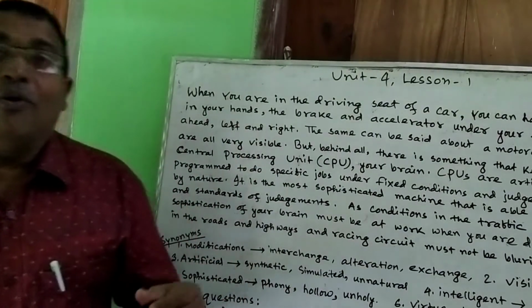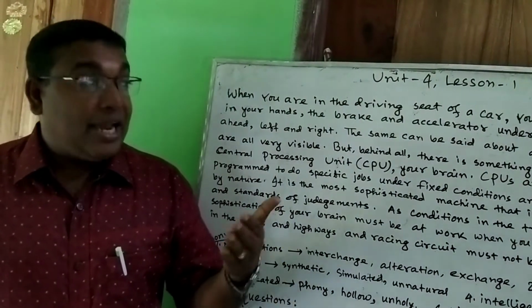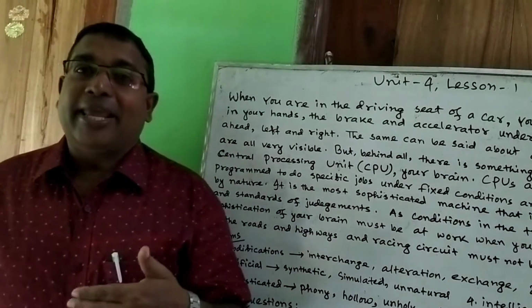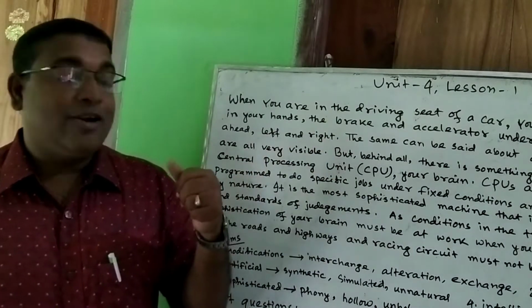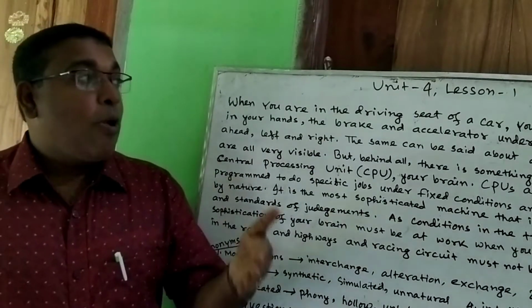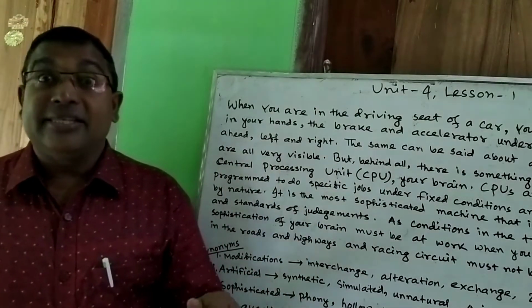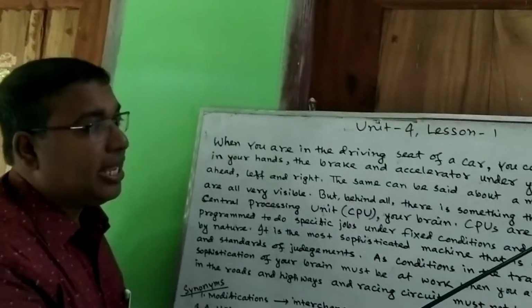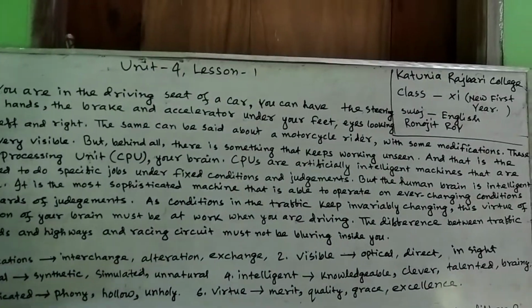If you look at a motorcycle rider, you will also find that he is using a brake, he is using a gear, that means accelerator, and he is also using his steering, that is his handle, with some modification.